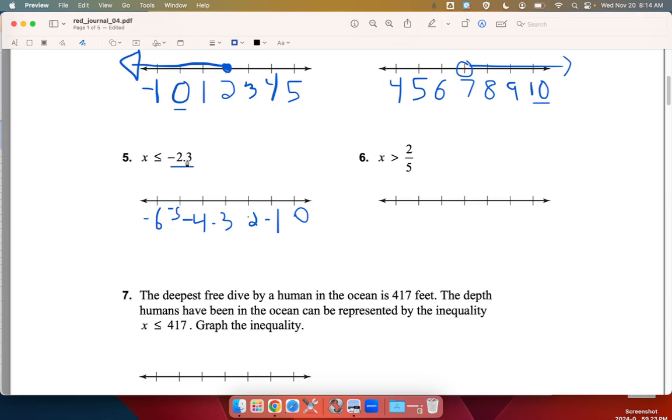And then from there, they just graph negative 2 3/10, which is right about here. And they just kind of eyeball it. So the choice is yours. You can count by whole numbers, put the negative 2 3/10 in the correct spot, and then shade to the less than side, since x is less than.